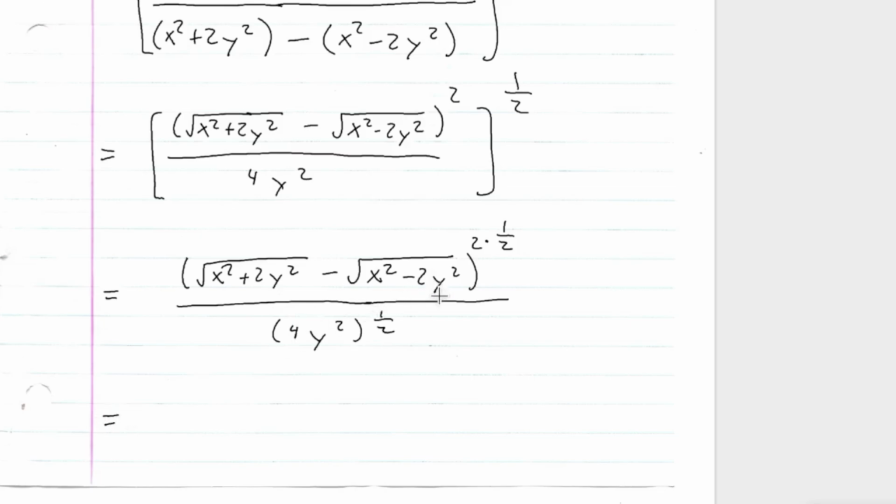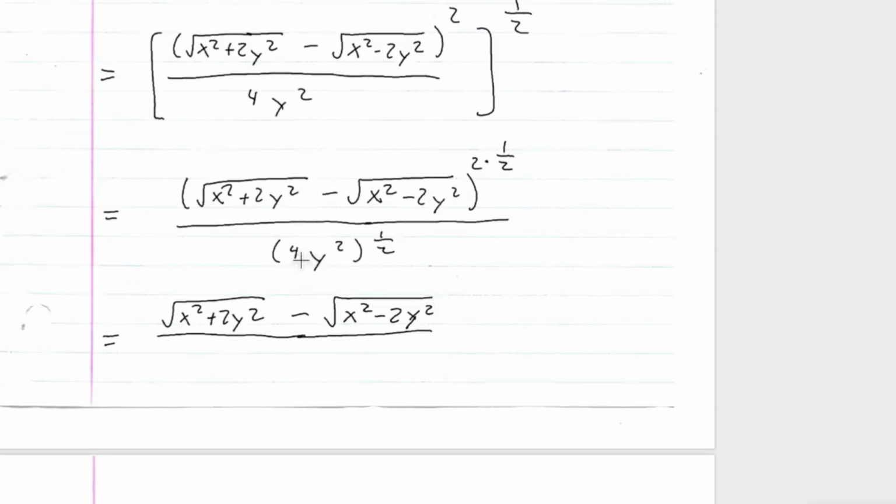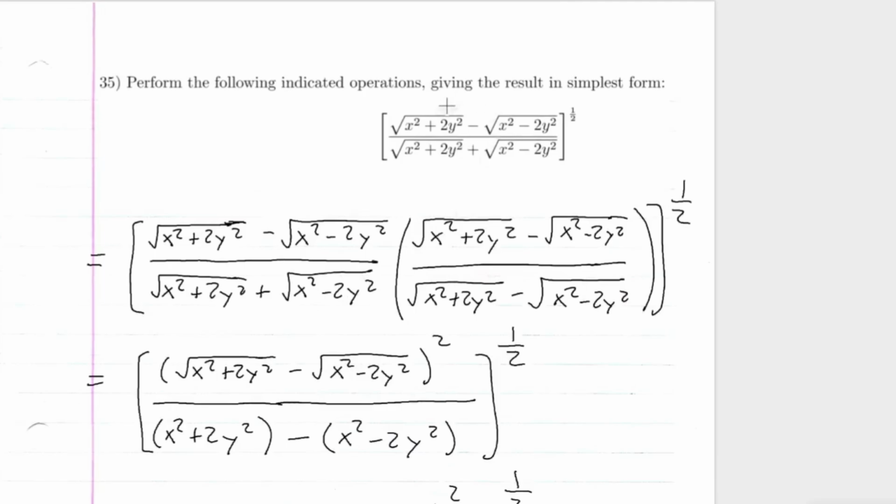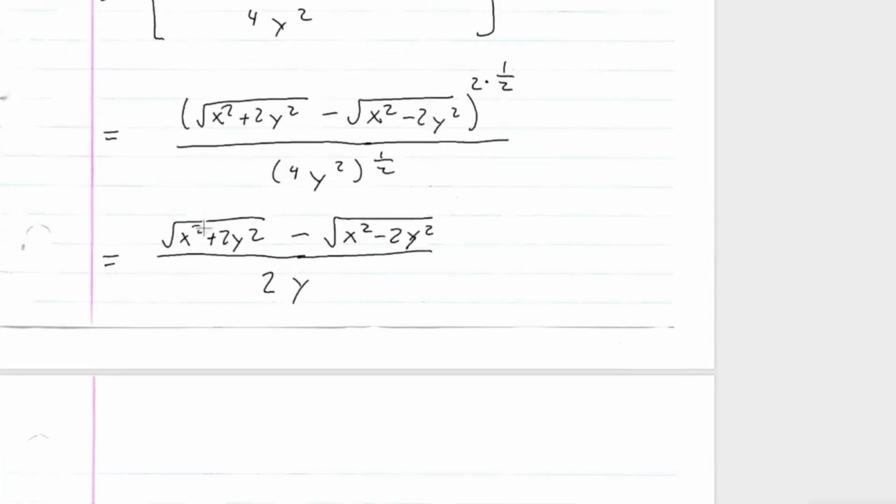Here we have 2 times 1/2 is 1, so in the numerator we're just left with the square root of x squared plus 2y squared minus the square root of x squared minus 2y squared. And then here, this is essentially the square root of 4y squared. So the square root of 4y squared is 2y. So this expression reduced is going to be the square root of x squared plus 2y squared minus the square root of x squared minus 2y squared, over 2y.